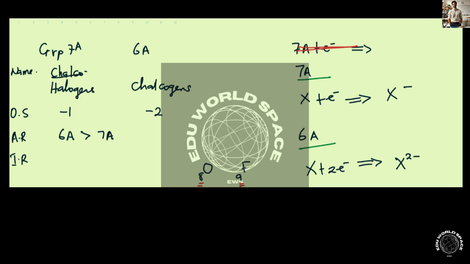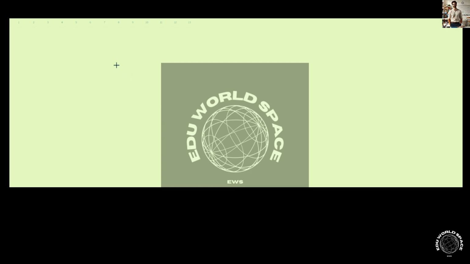I'm going to take this to the next page for better explanation. So let's say you have O 8, and it's neutral, and then you put 2 electrons to form O2 minus.